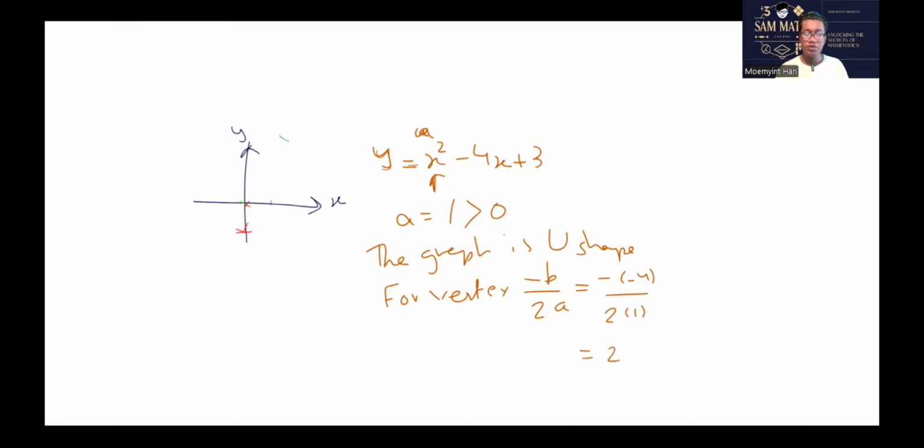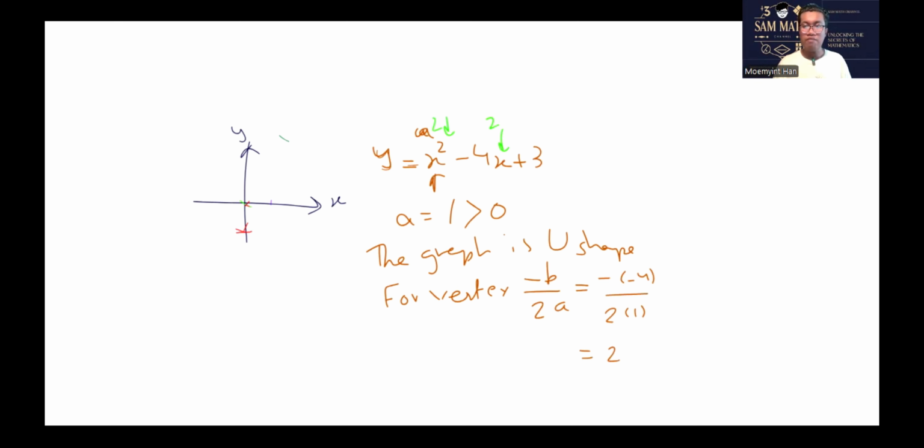So if we put 2 over here and 2 over here, it will become 4 times 2 is 8, minus 8. We have 2 times 2, and positive 3.